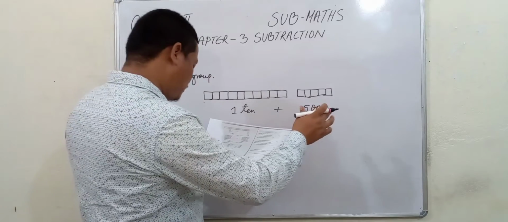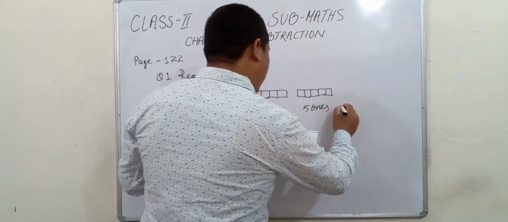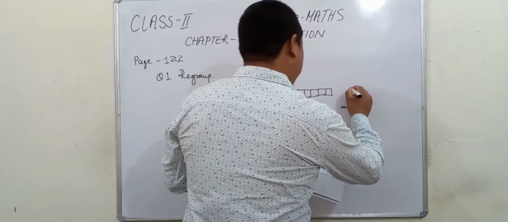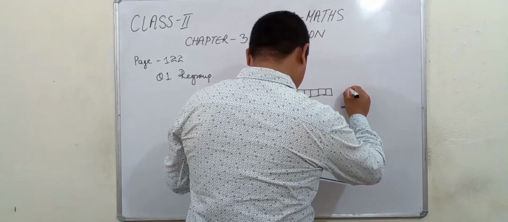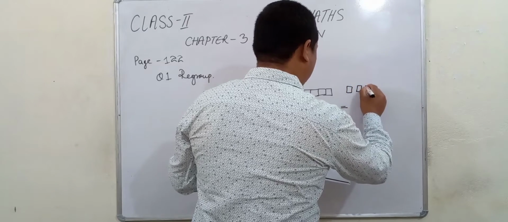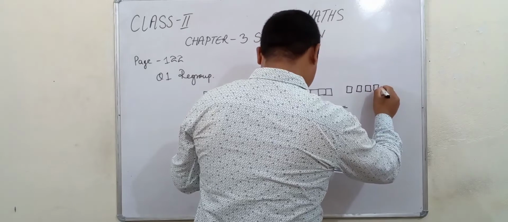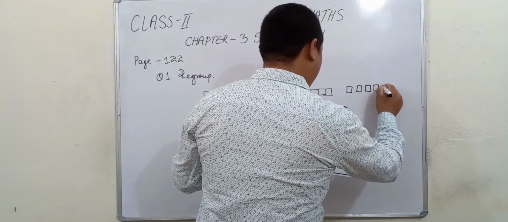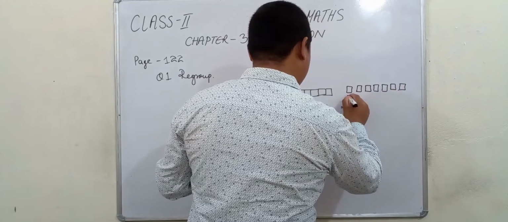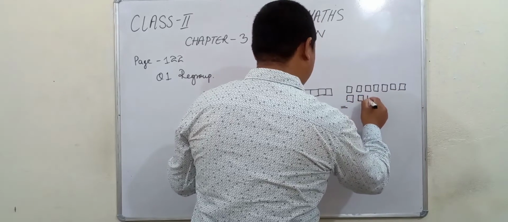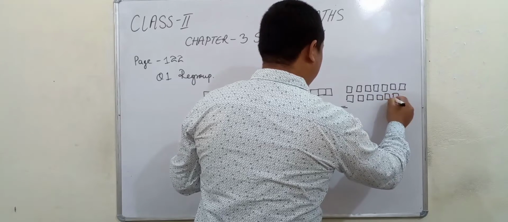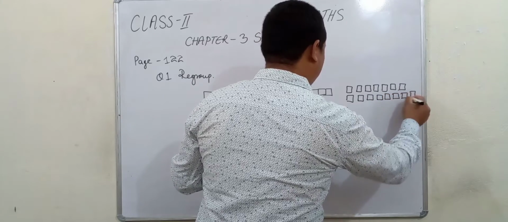Now equal to 1, 2, 3, 4, 5, 6, 7, 8, 9, 10, 11, 12, 13, 14, 15.